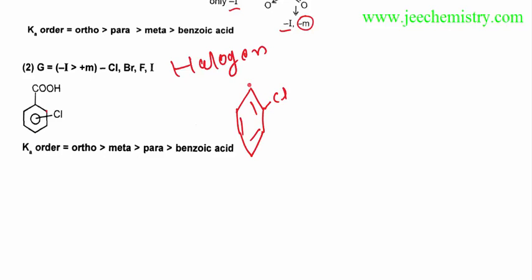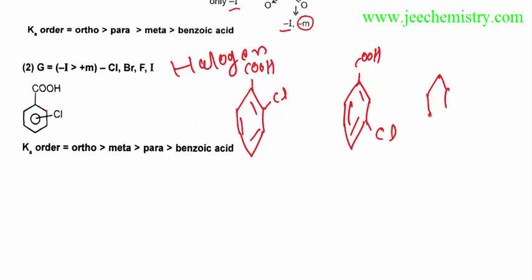One has the group at the ortho position, one at the meta position, and one at the para position. The minus I effect is closest to the COOH in the ortho, so it will provide a stronger minus I effect.